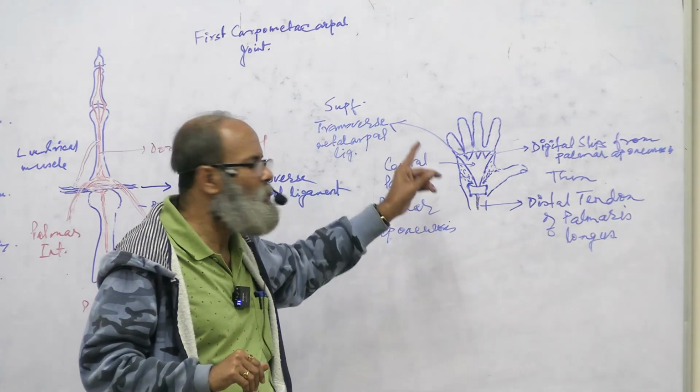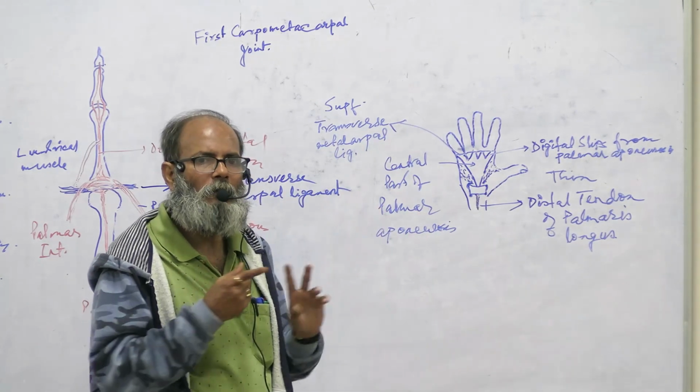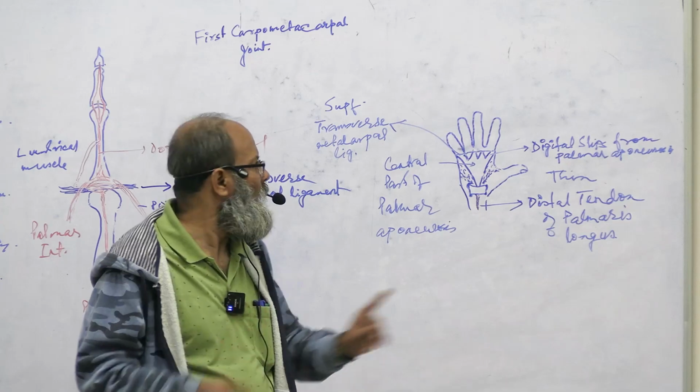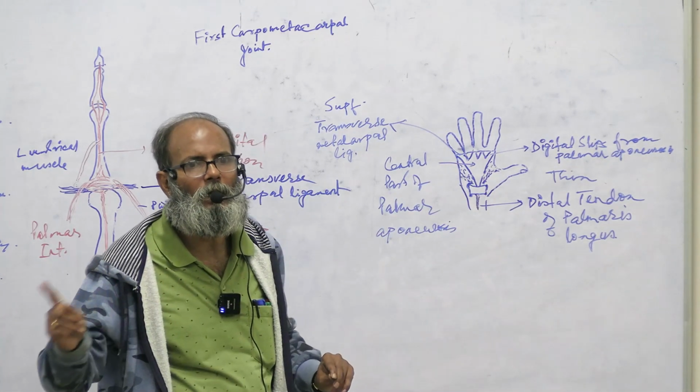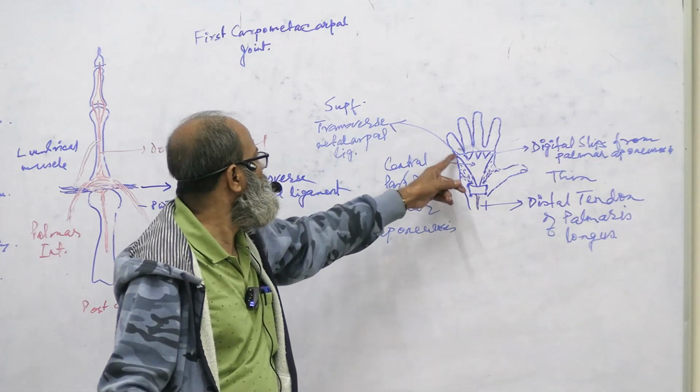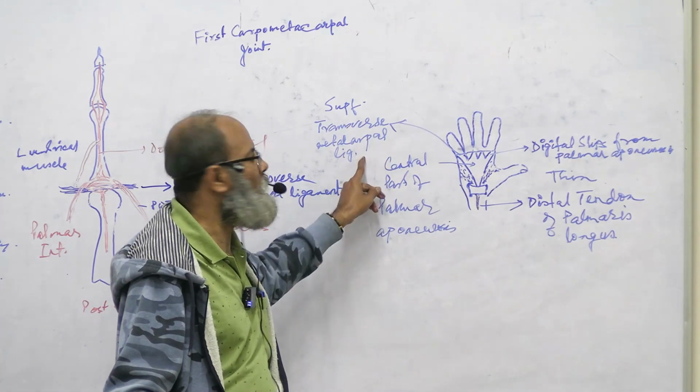The superficial strata is blending with the dermis of the skin and with the superficial transverse metacarpal ligament. What is this? This is the superficial transverse metacarpal ligament.